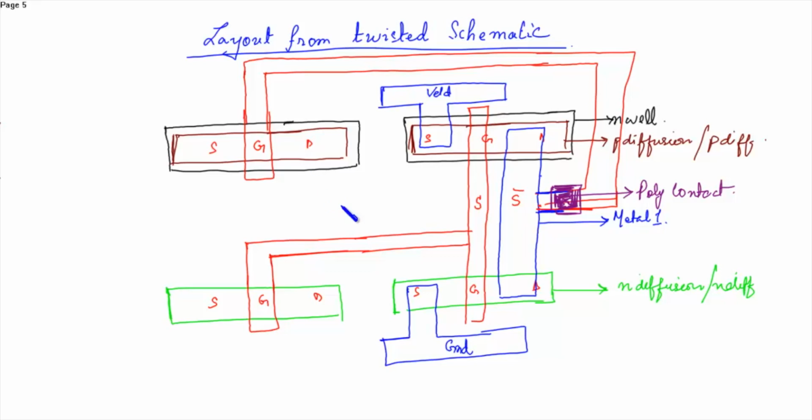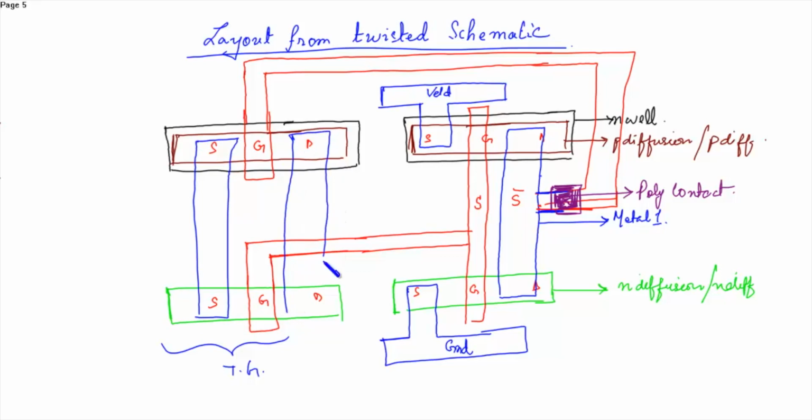Now this is a transmission gate. This part is a transmission gate part. The sources of the PMOS and NMOS are connected. Then the drain of the PMOS and NMOS are also connected. This is the input in.